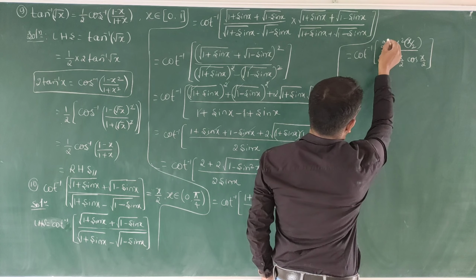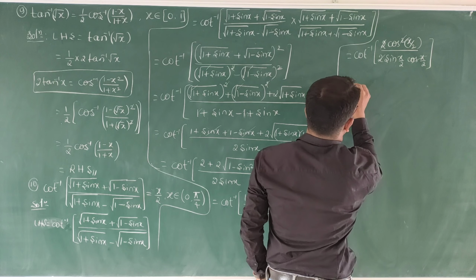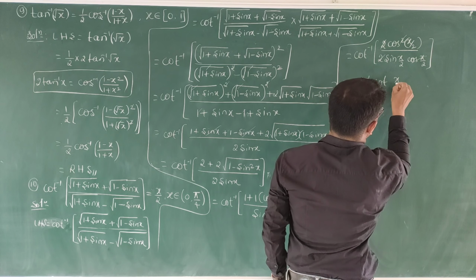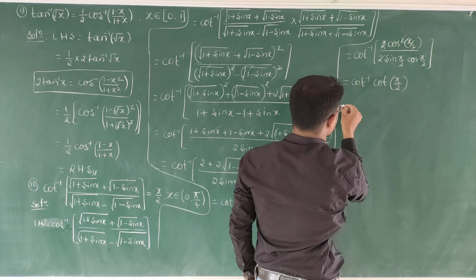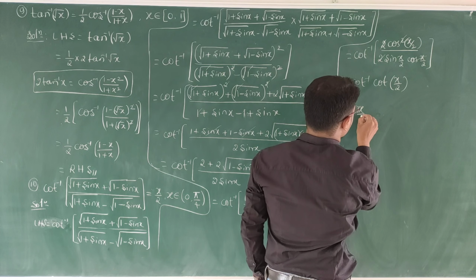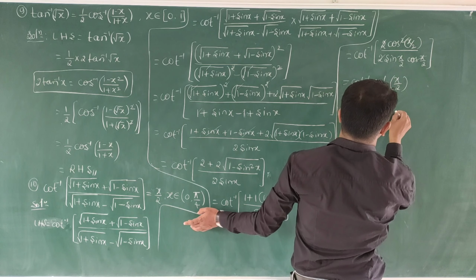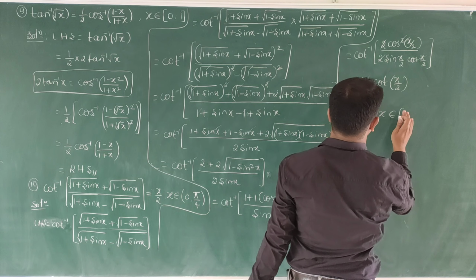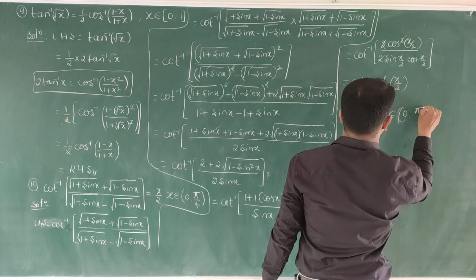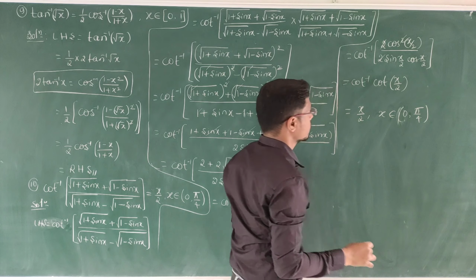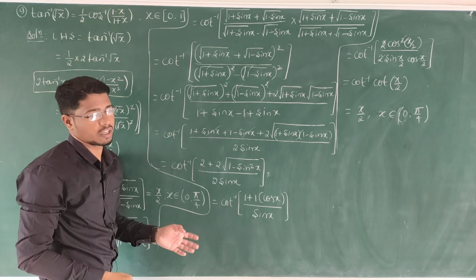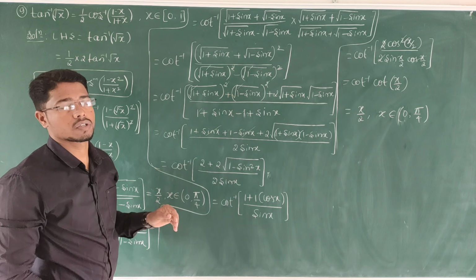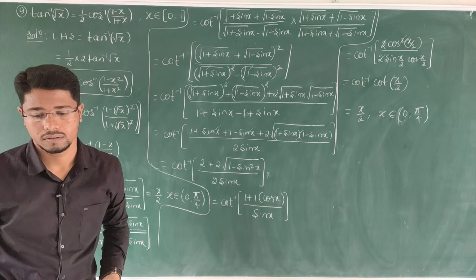Okay, 2 cancels, cos cancels, cot inverse of cos by sin, cot x upon 2, so cot and cot inverse get cancelled, so it is equal to x upon 2, where x belongs to the closed interval 0 comma pi by 4. Okay, so this is very simple, just do it carefully. Rationalize this and concentrate on this calculation. Practice well, you will get it.